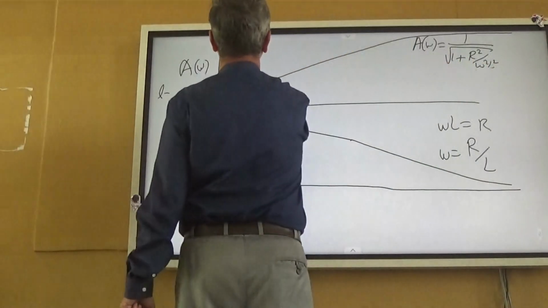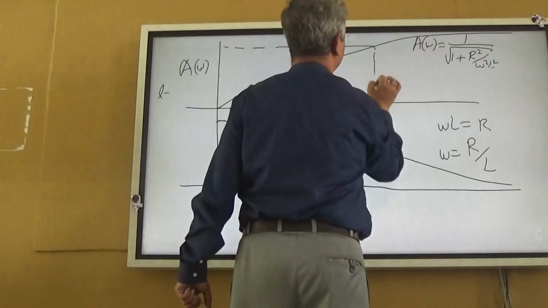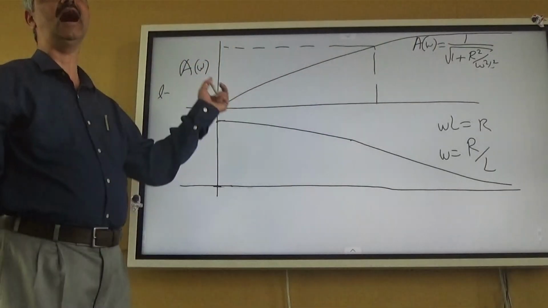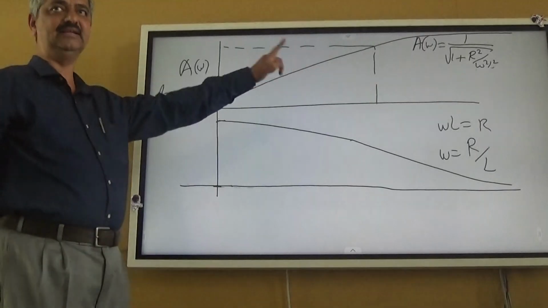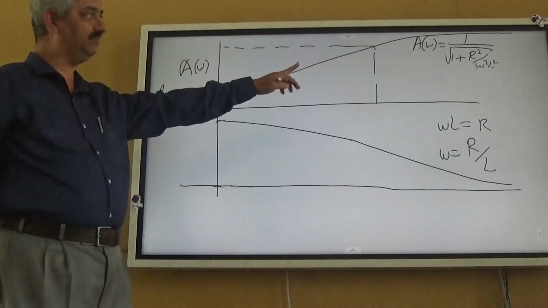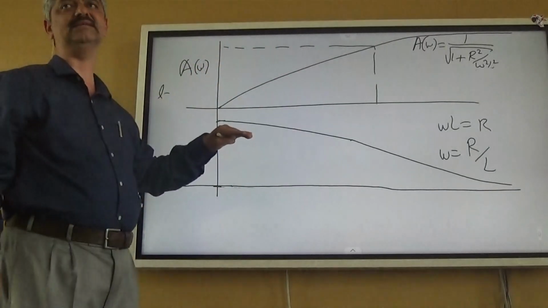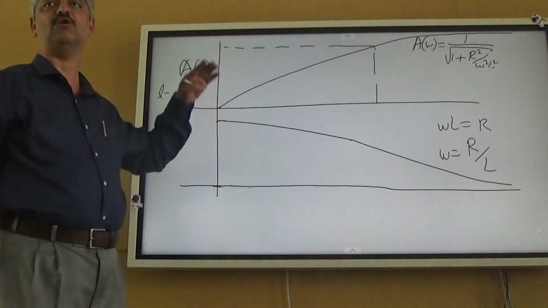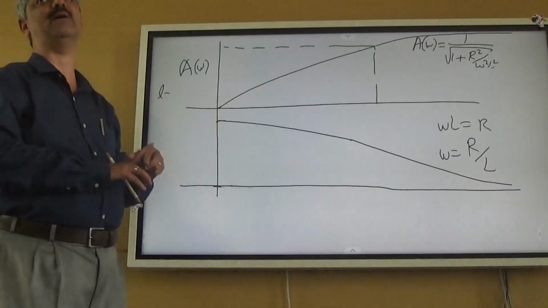So this is the cutoff frequency. And this is now called the lower cutoff frequency. Why? Because it is a high pass filter. It is a high pass filter, means at lower frequencies it offers less gain, at higher frequencies it offers higher gain.